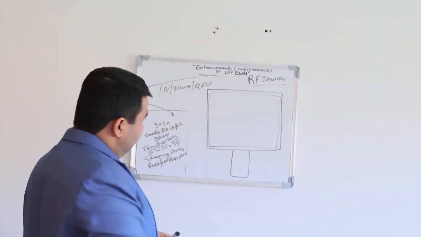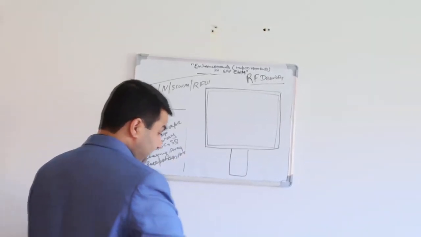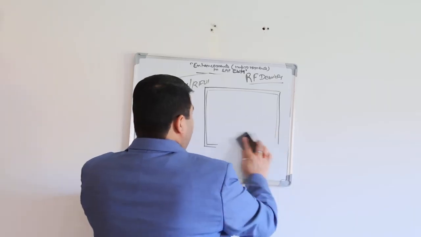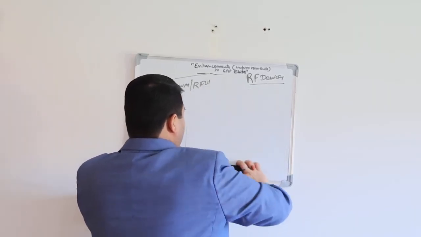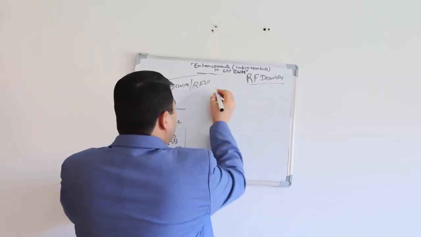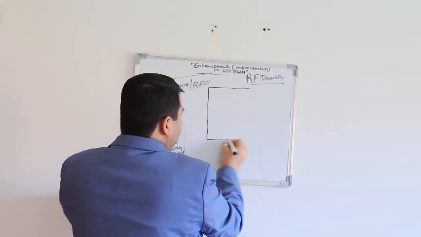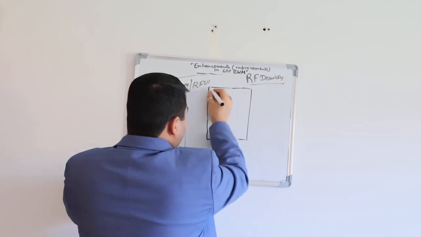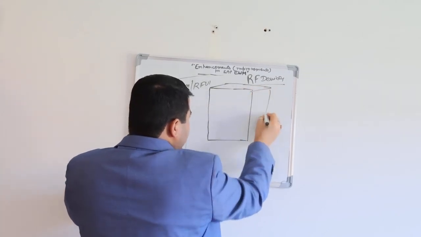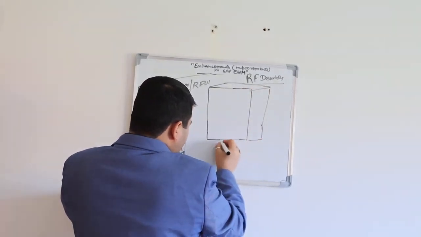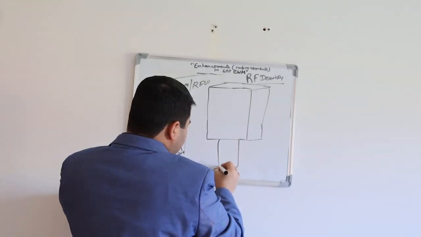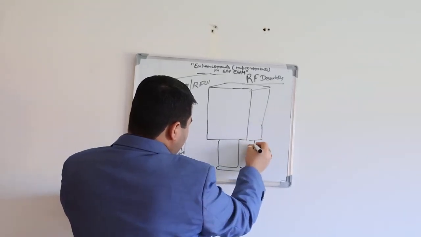So in the RF screen, RF device, I will give you another example here. Suppose this is your RF device screen, it's like your RF device screen. This is your RF device, some brand it has.